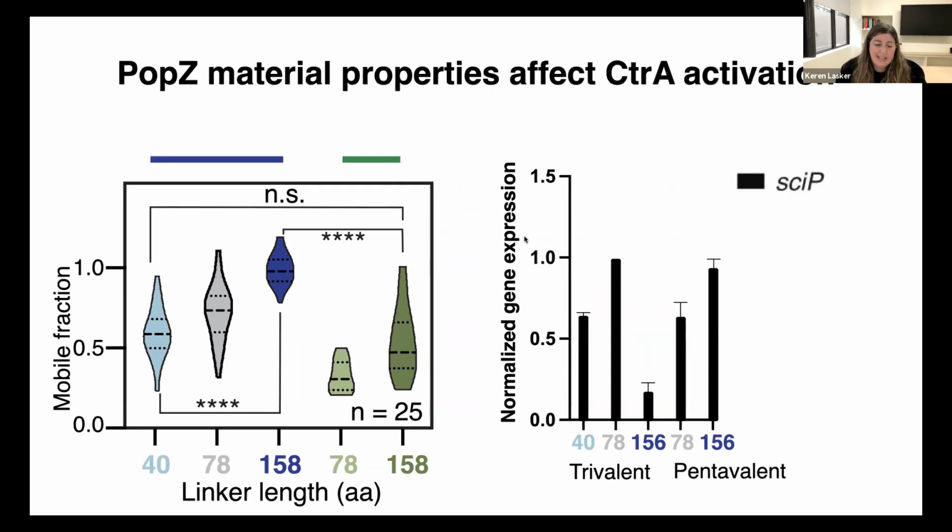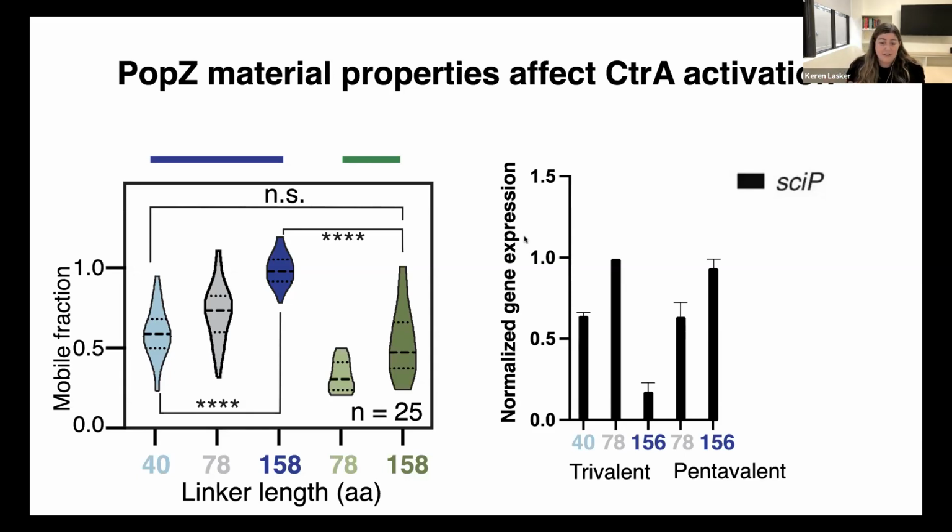And circling back to the previous part of the talk, when I was talking about material properties, we're now starting to connect material properties to this pathway. What I'm showing you here is those 5 mutants that I told you about that have different material properties of POP-Z. And I'm showing you to the right the expression of one of those genes, the proxy for CTRA activity.